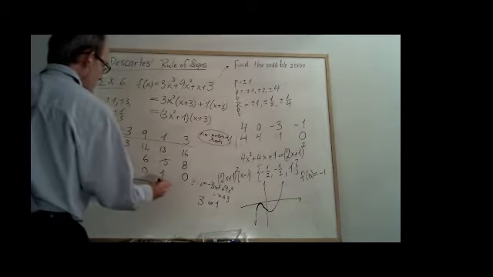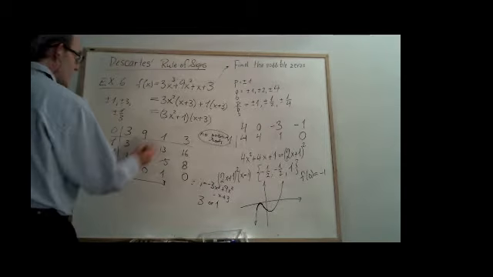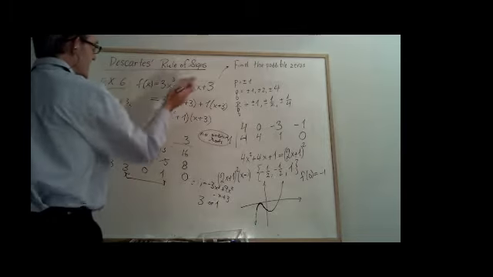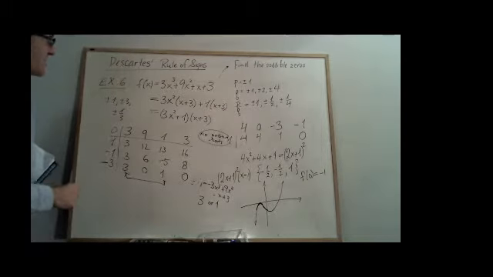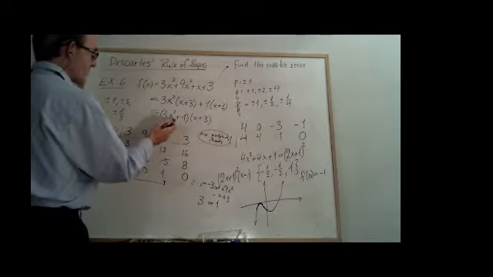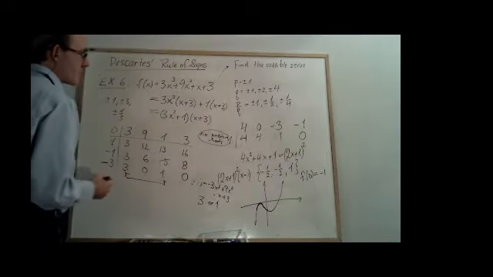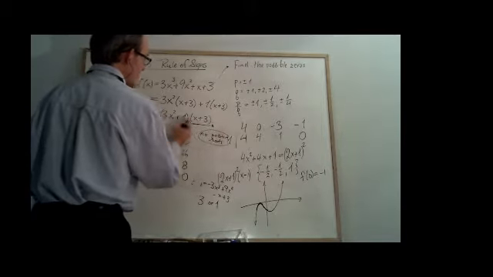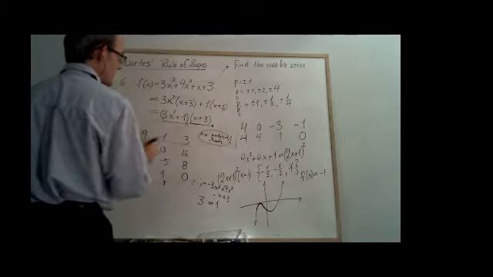So that gives me the factorization here: x plus 3 times 3x squared plus 1. And that's when I noticed that you can do this by grouping. Okay, are there any other real roots? That's one real root. Can you get real roots from here?